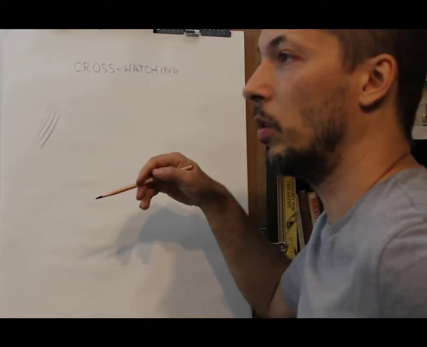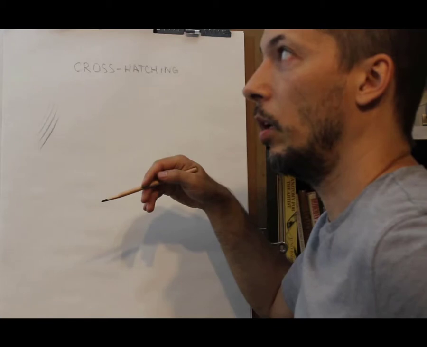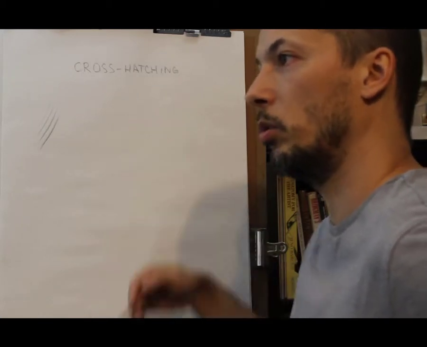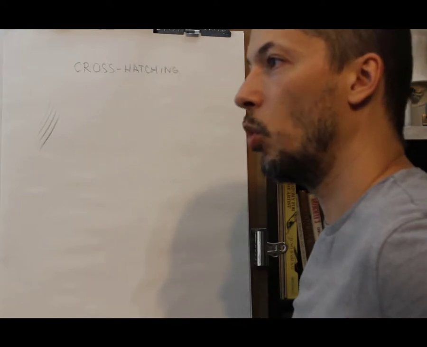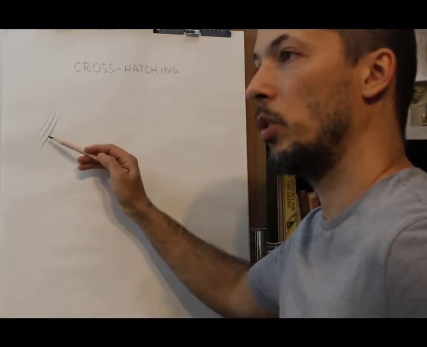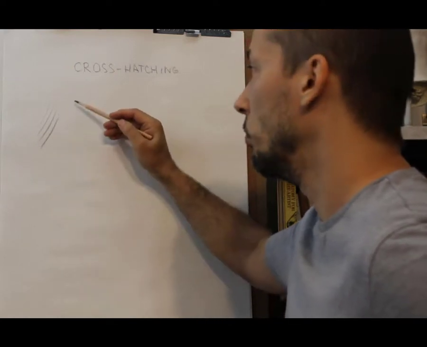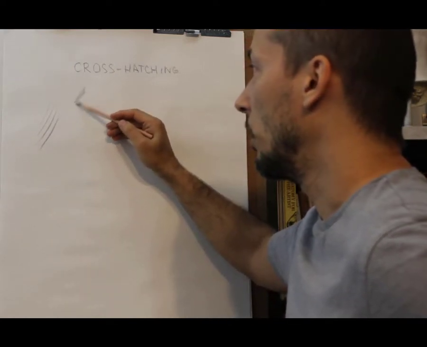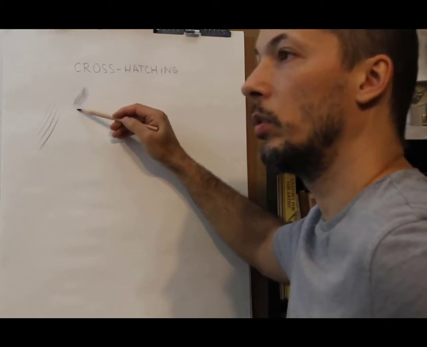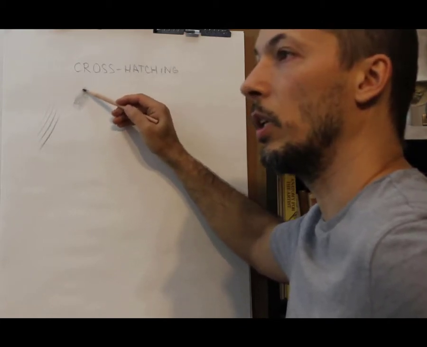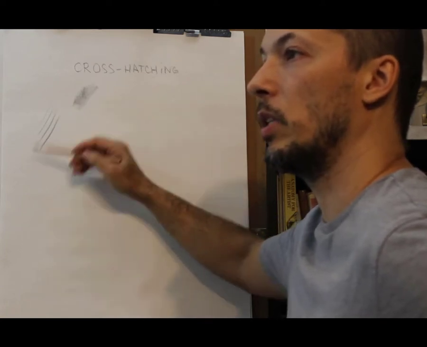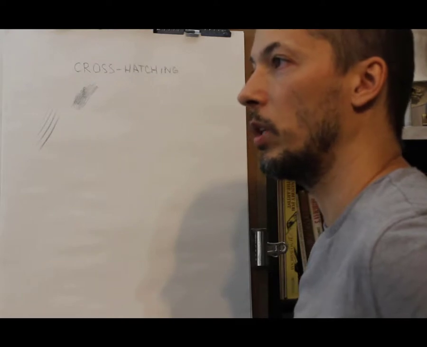In a lot of academies, they teach how to use hatch marks to do the shading because it's a more effective way of covering the surface than trying to make an even tone across. You can do the same thing in a lot less time if you just put a couple of marks together.